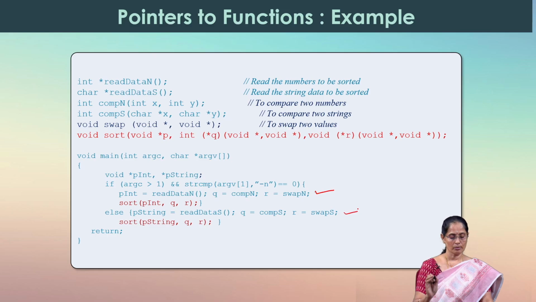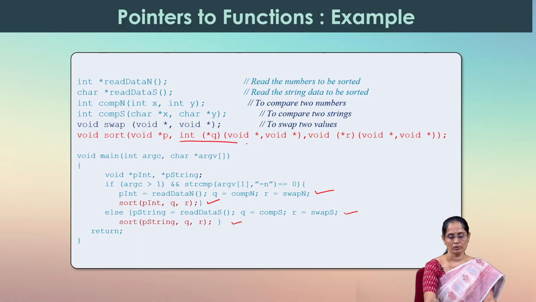We are going to perform the sorting function, arranging the values in order, either ascending or descending, but the data type varies. The data type for the first function is going to be integer, for the second function it is going to be string. But what we are going to pass as a parameter to these functions will be the function name.